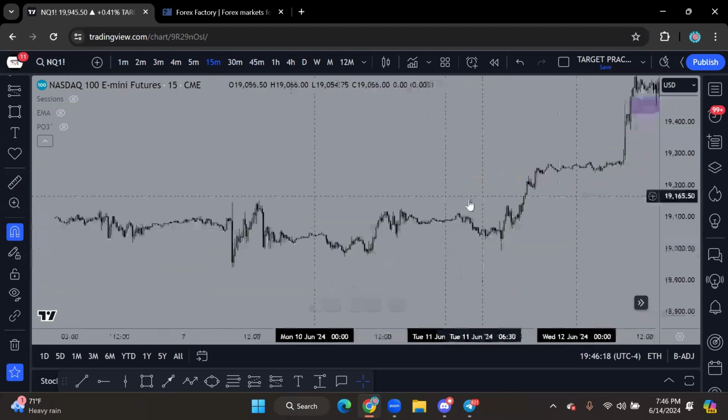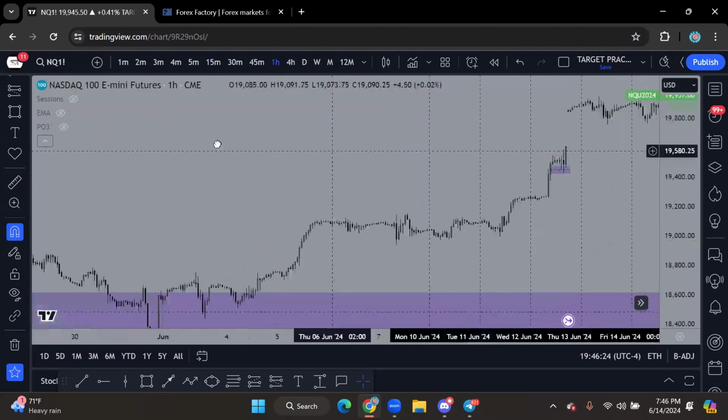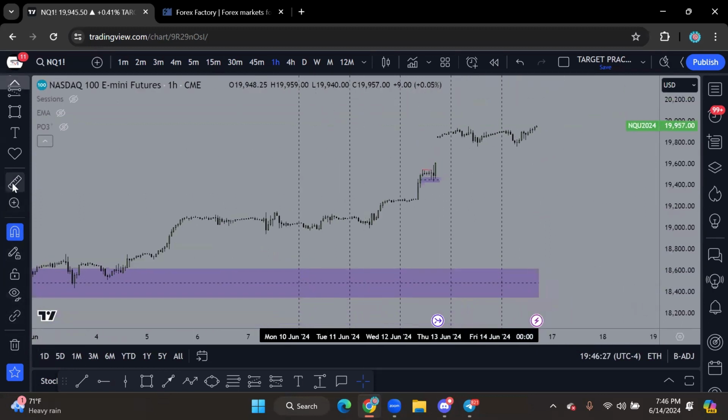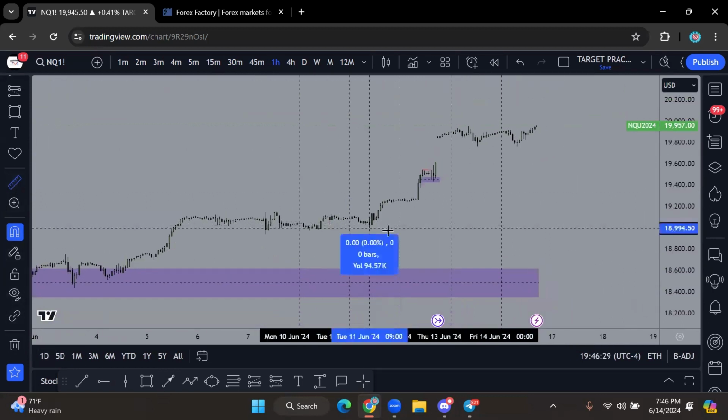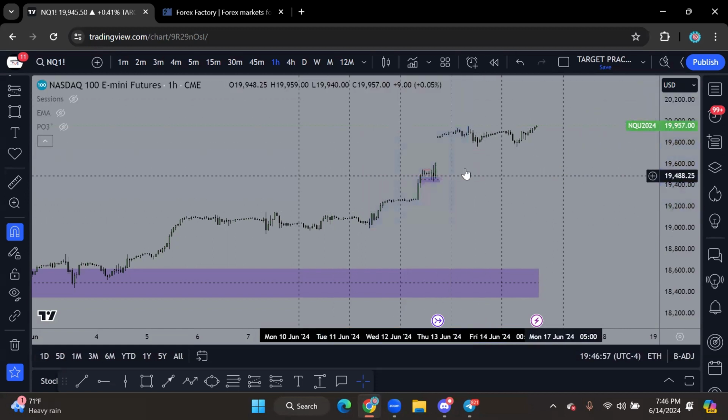But if you had bought early on in the week and you held, you'd be up. If you bought on Tuesday, that's almost 1,000 points, and about 3,900 ticks, give or take, which is amazing. If you had the correct perspective going into the market, trading Nasdaq, trading NQ, you would have caught a really great move to the upside.